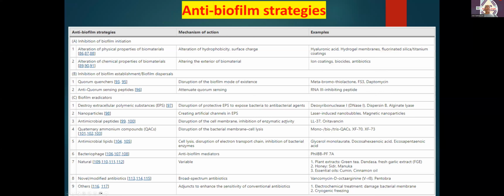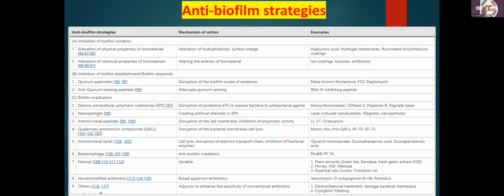So the biofilm strategies include inhibition of the biofilm by altering the physical properties of biomaterial, and also we have to figure out how we can use anti-quorum sensing peptides that are available.